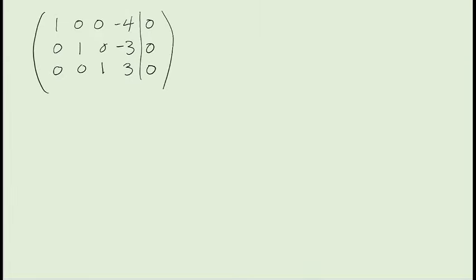So now at this point, I have 4 variables and 3 equations. And so let's see what we have here. We have A is equal to 4D. This tells me that B is equal to 3D, and that C is equal to minus 3D, and D could be anything.